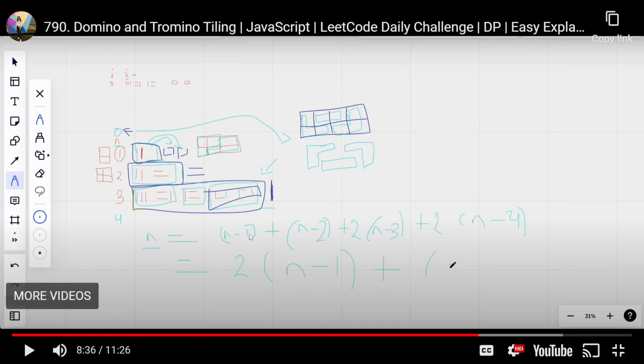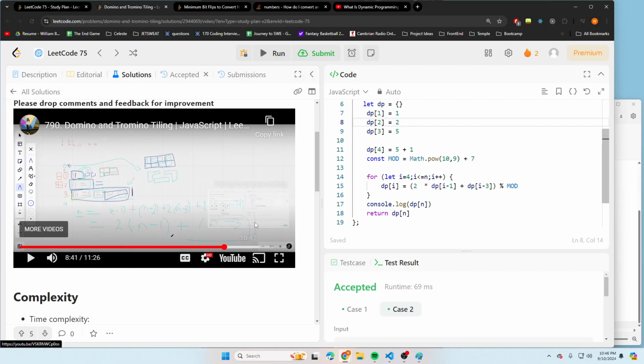You take n minus 1, n minus 3. So upon simplification, we'll get this formula. You get this formula from where? Okay, fine, whatever. The thing about this is the formula. I don't get the formula.